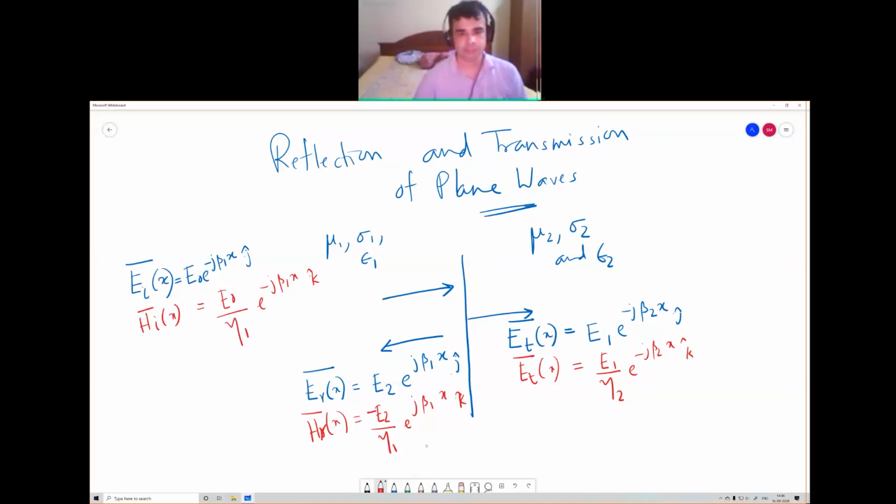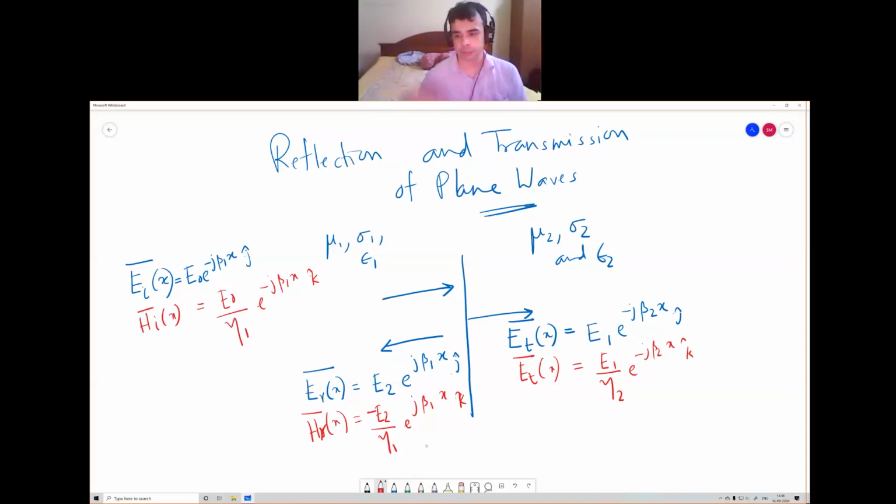This is because this wave is propagating along the minus I direction. That is why it is along minus K. Because J cross K is I, so J cross minus K will be minus. Is it okay? Why is there minus K?